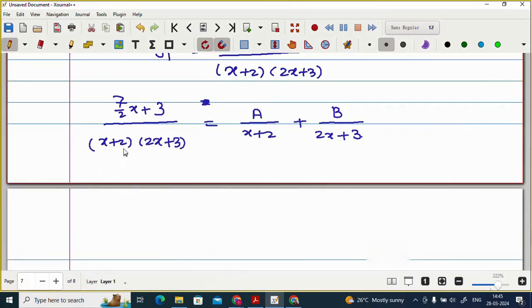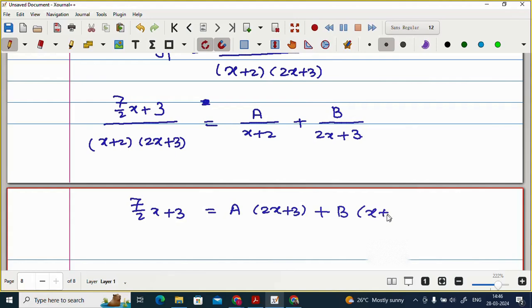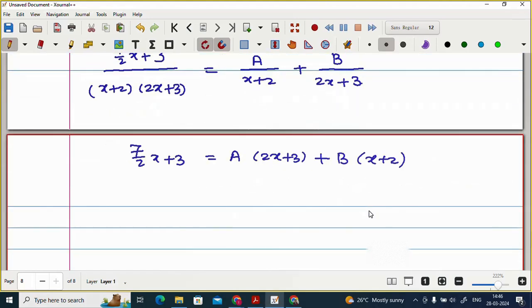To find them, multiply both the sides by denominator of LHS. So it is 7 upon 2 x plus 3 is equal to a into 2x plus 3 plus b into x plus 2. Now I want the answer from you. I want a and b. So for getting a, in equation 2, I will put x as minus 2.